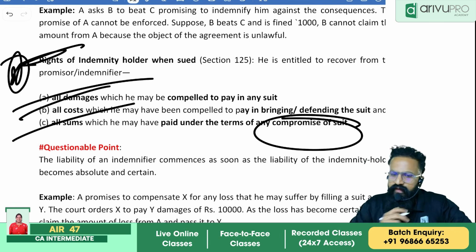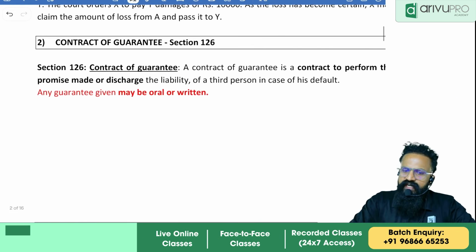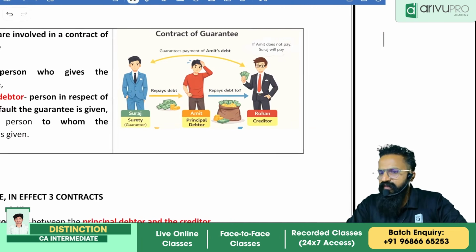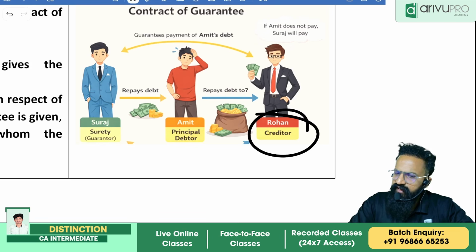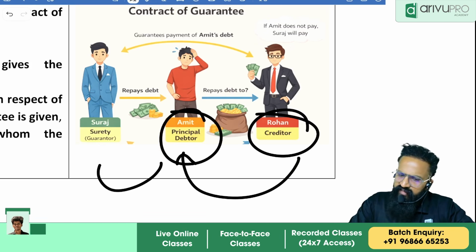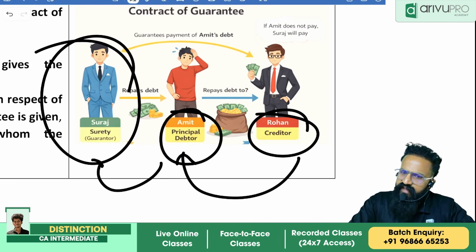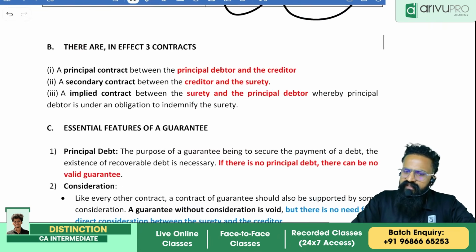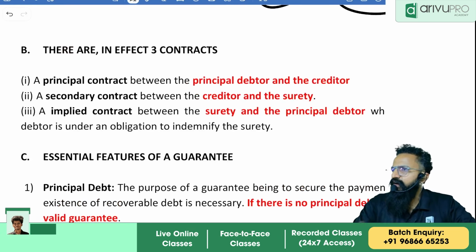Okay. Next one, sir. Contract of guarantee. In a contract of guarantee, how many parties are there? There are always 3 parties. The creditor is giving money to the principal debtor, and there is a third party who says, if he doesn't pay, I will pay. Okay. There are 3 contracts in the guarantee contract.